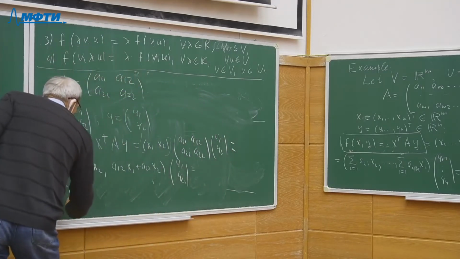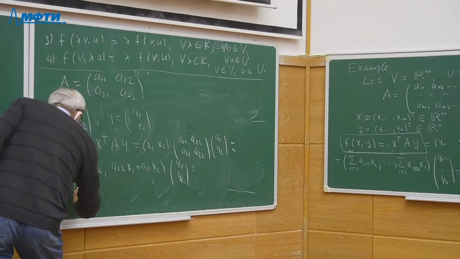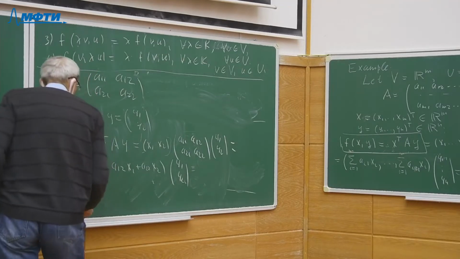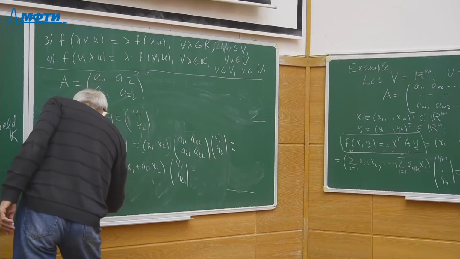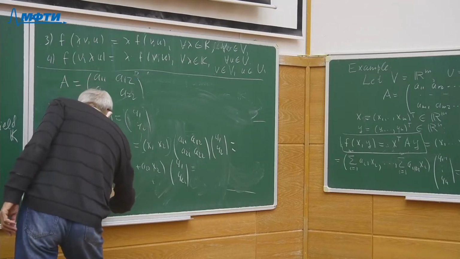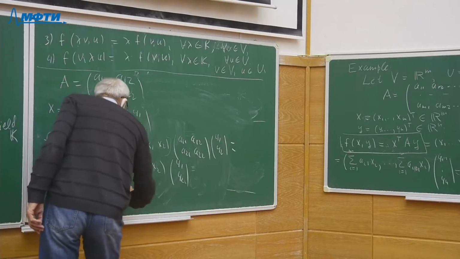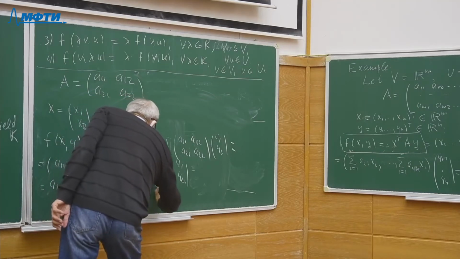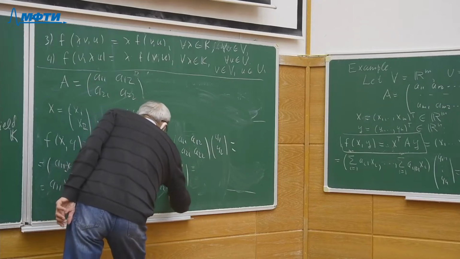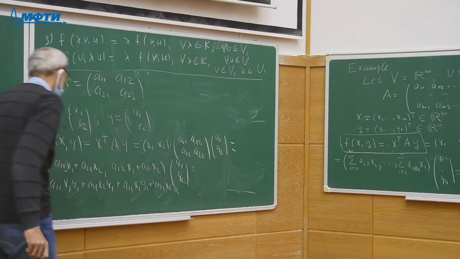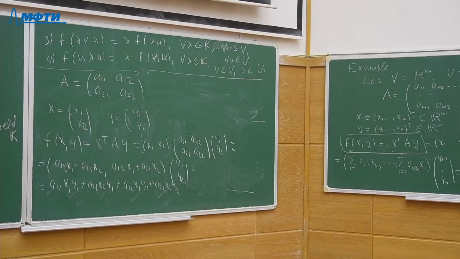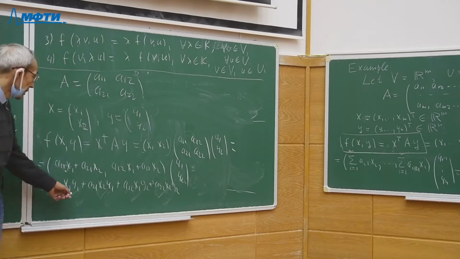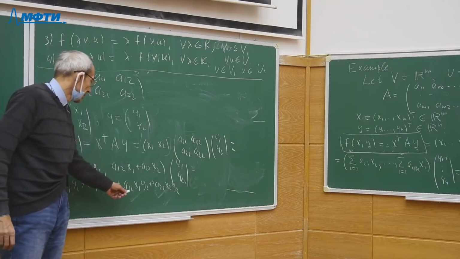A11 x1 y1 plus a21 x2 y1 plus a12 x1 y2 plus a22 x2 y2. And as a result, we obtain the following product.